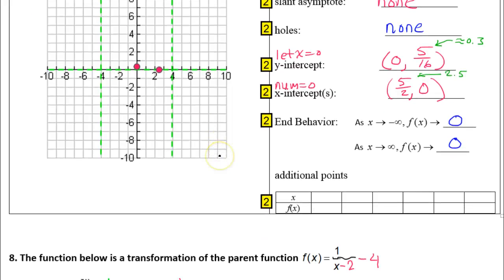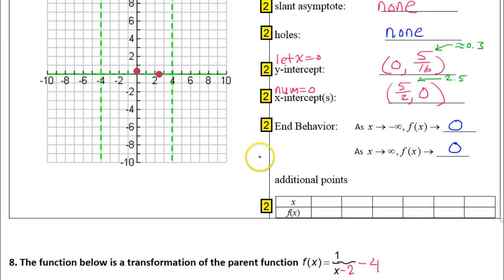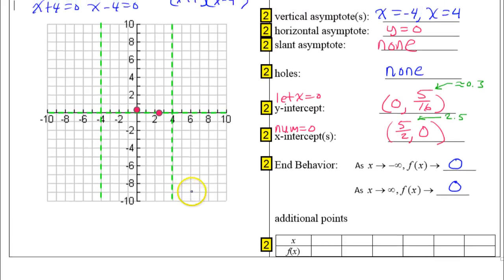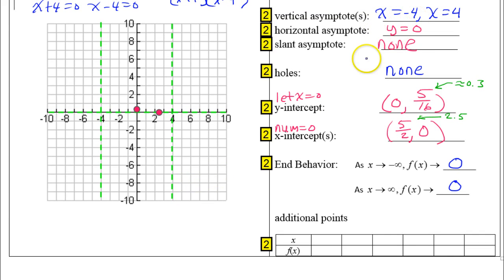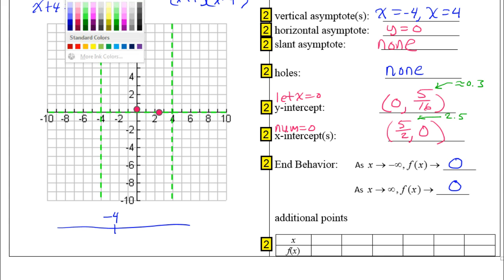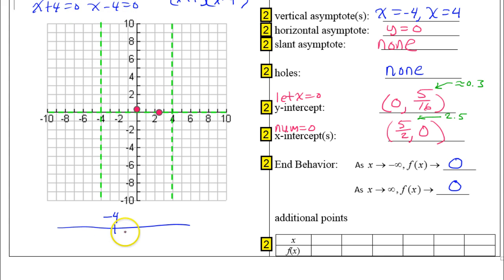And here's what you do. To pick which values to put on your table, I recommend using your vertical asymptotes. So we have a vertical asymptote of -4. Okay, so imagine putting that on a number line. For every vertical asymptote, you're going to get 4 values to put on your chart. So my first 2 values I will get by going to the left and right of -4.